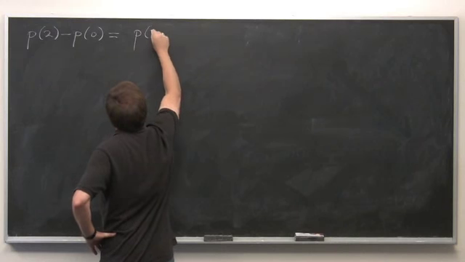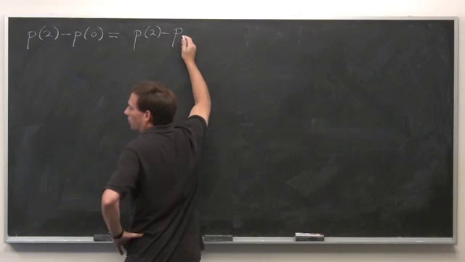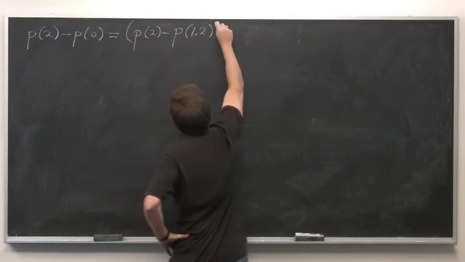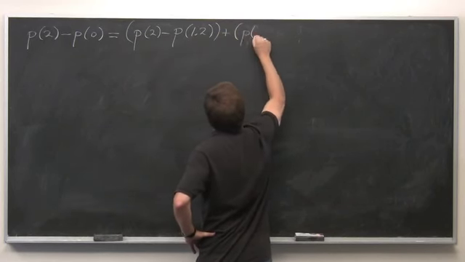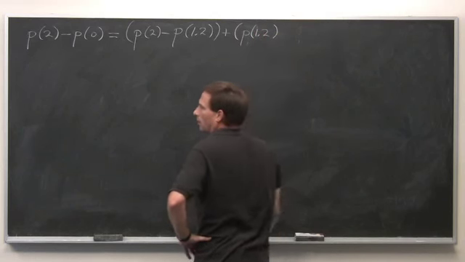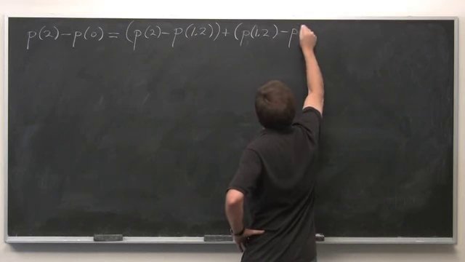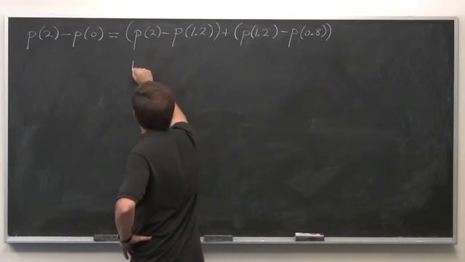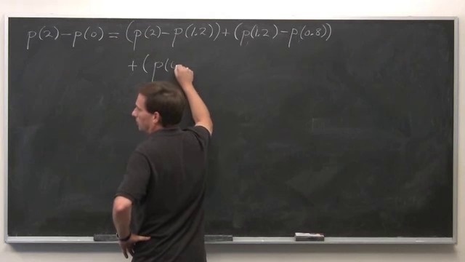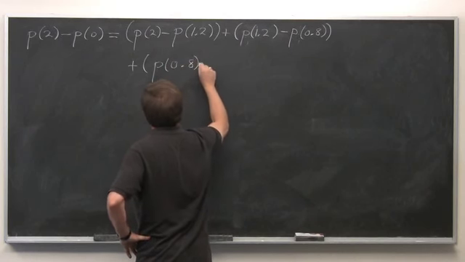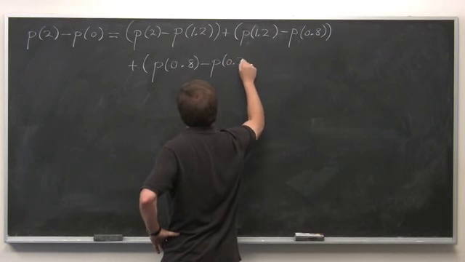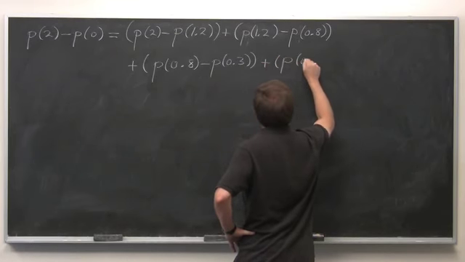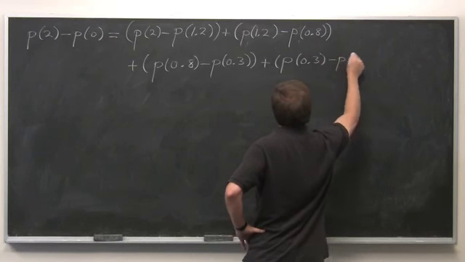You write this as P of 2 minus P of 1.2, plus P at 1.2 minus P at 0.8, plus P at 0.8 minus P at 0.3, and then plus P at 0.3 minus P of 0.